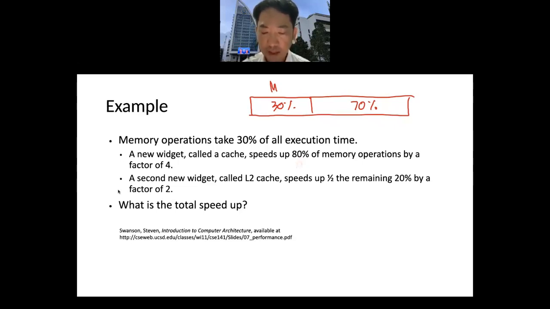We can calculate 80% of the memory operation here.